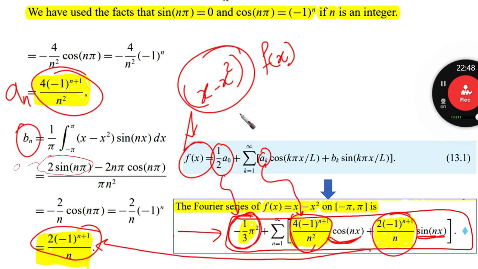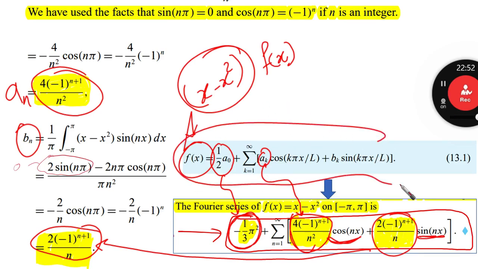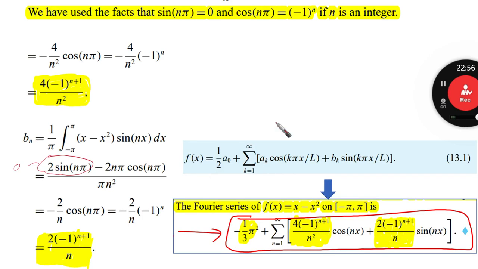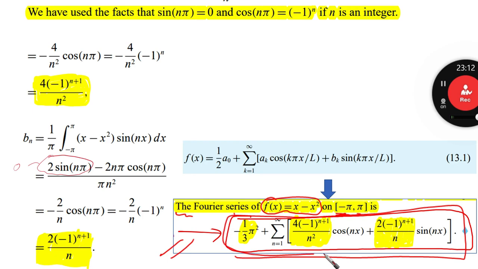This is the representation of this function using the Fourier series coefficients, or using the Fourier series function. Okay, this is how it looks. So the Fourier series of f of x, which equals x minus x squared on the interval minus pi to pi, is this function. It consists of what exactly?